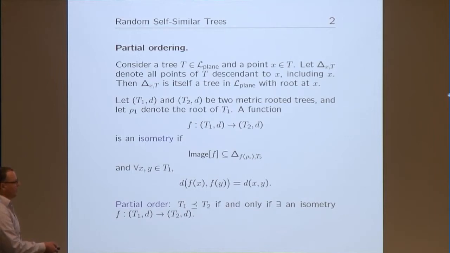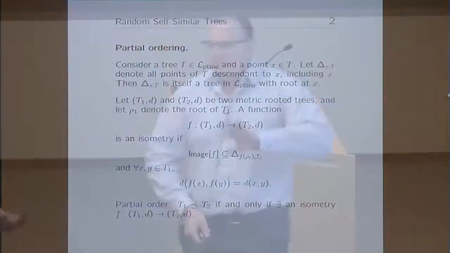Essentially, this condition preserves the orientation, and the distances between points after the mapping are also preserved. So essentially, you're embedding T1 into T2. Maybe you would switch left or right sometimes, but it is just to say which tree is bigger than the other.